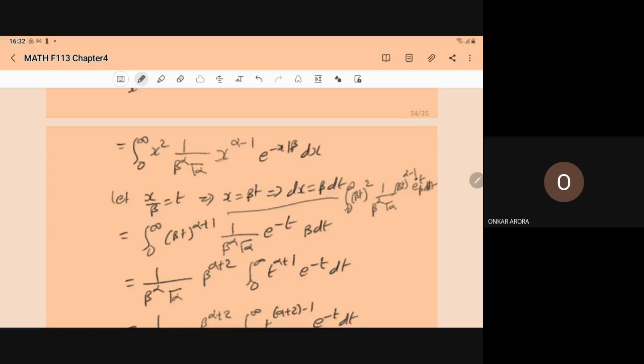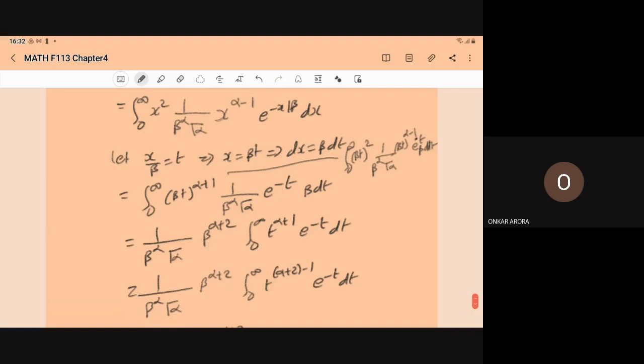So in total it will become beta t power alpha plus 1 upon beta to power alpha gamma of alpha, e to power minus t into beta into dt.